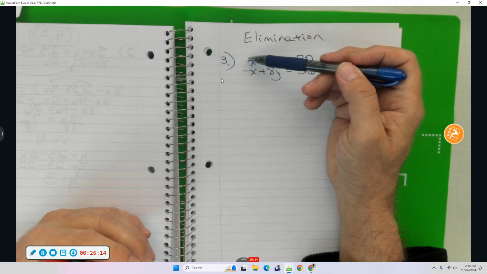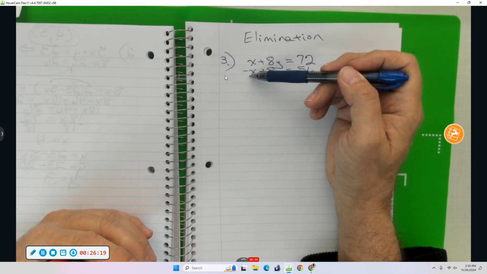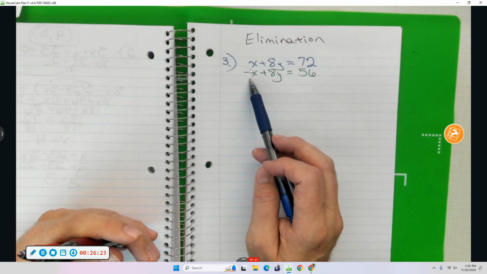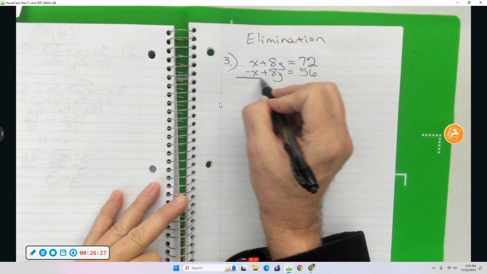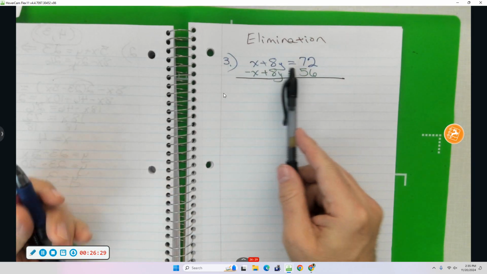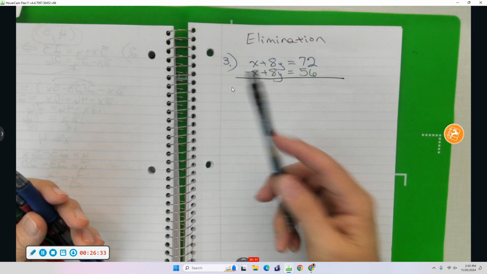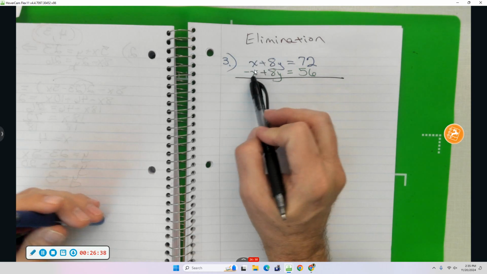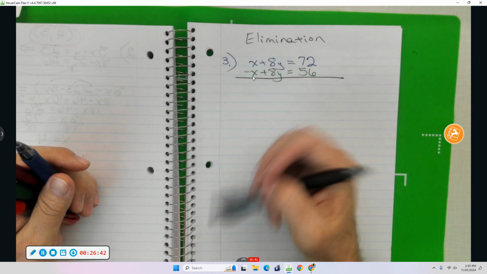The coefficient for this x on top is a positive 1. The coefficient for this x here on the bottom is a negative 1. That's right. So once you have the like variables aligned and they have opposite coefficients, then add the two together. 1x plus a negative 1x, what's about to happen there? x minus x.